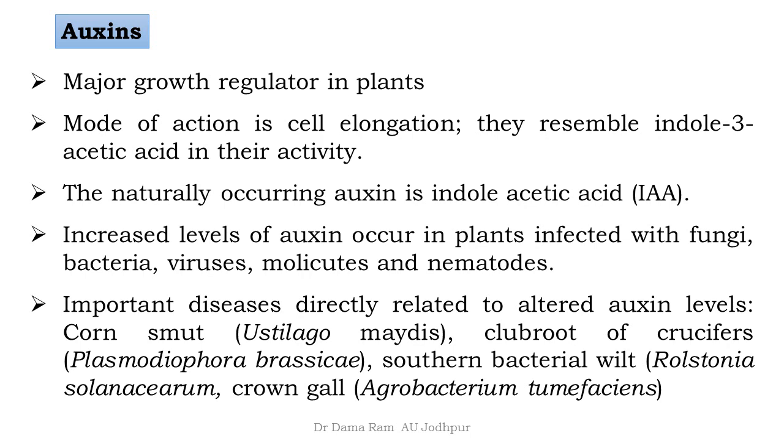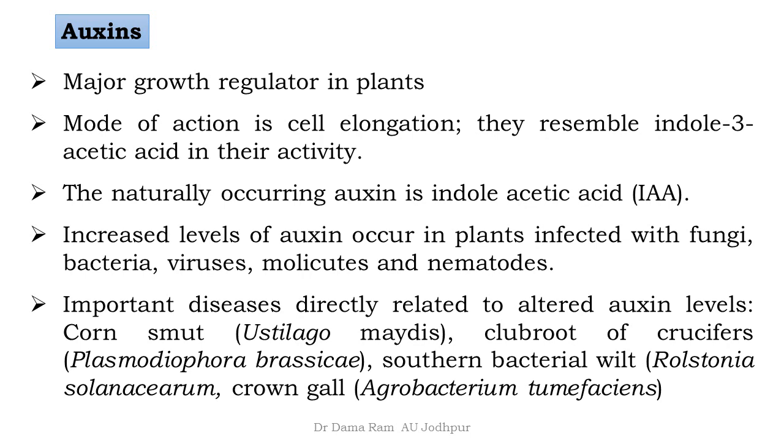Auxins are the major growth regulators in plants, defined as growth regulators whose major mode of action is cell elongation, and they resemble indole 3 acetic acid in their activity.